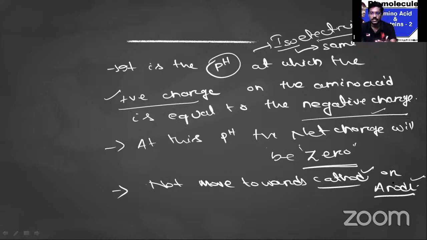I am only discussing the isoelectric point of the amino acid, but every molecule has an isoelectric point. That means it is the point at which the molecule has the same amount of positive and negative charge in it.